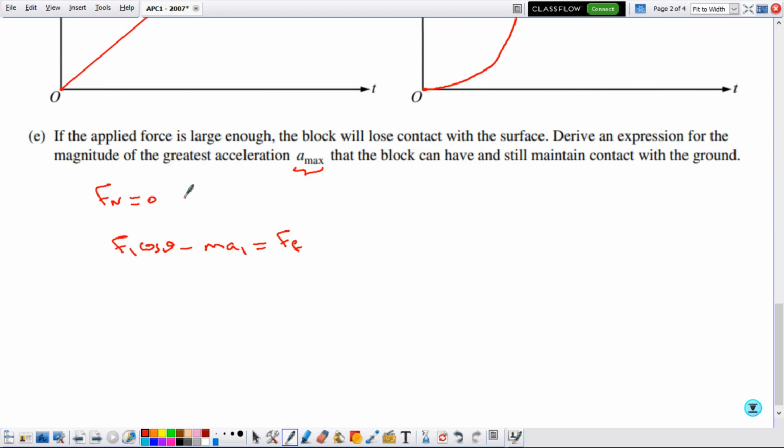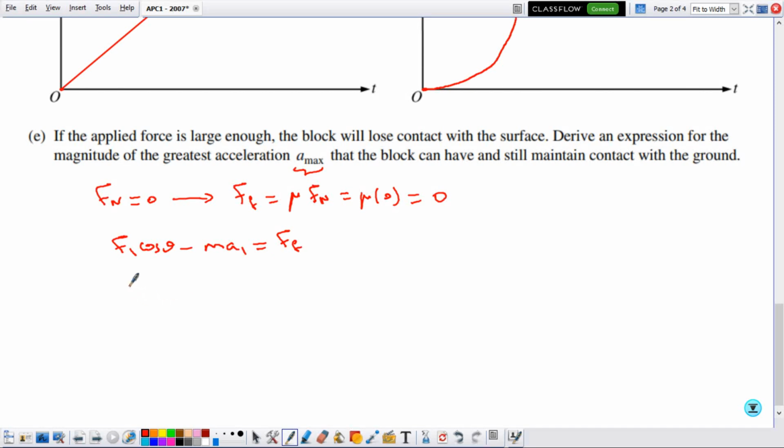What happens next? We know that the friction is related to the normal push via the coefficient of kinetic friction, and if the normal push is equal to 0, that means that the friction is also 0, and this is reasonable. Why? Because friction is also a contact force, and due to the contact between the block and the surface, the moment we start to lose contact, the frictional force will be set to 0 also.